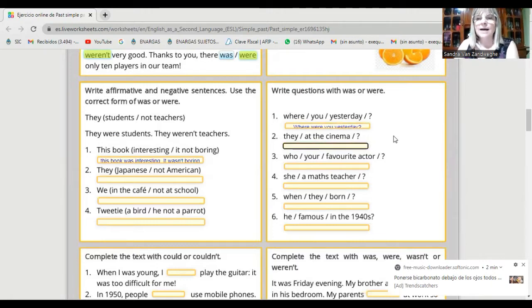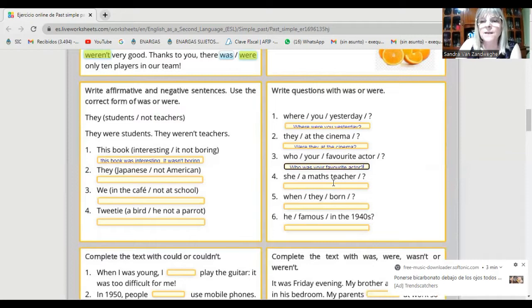They at the cinema. Esta empieza con was or were. Were they at the cinema? Who, your favorite actor? Okay. Who was your favorite actor?